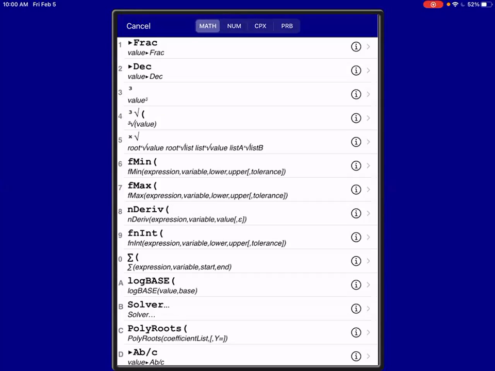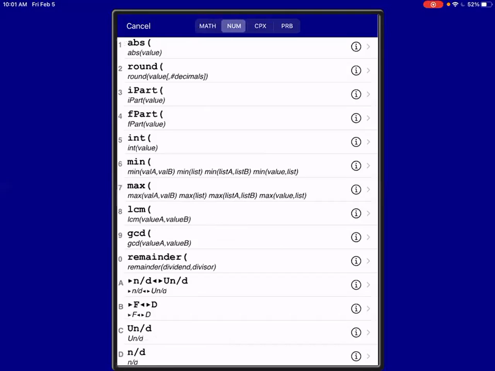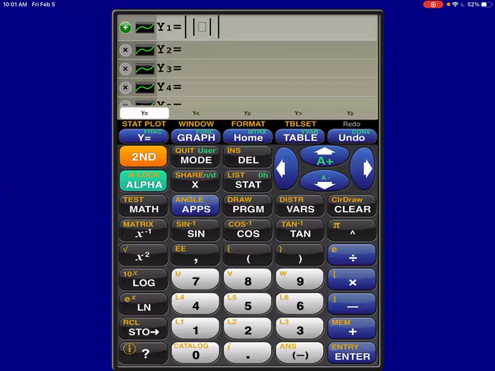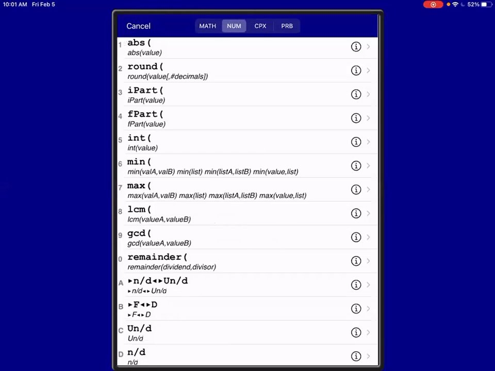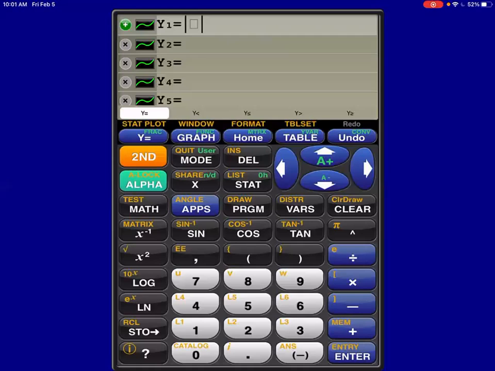It says cancel, and then math, and then it says NUM. And I'm touching that NUM button. And then I'm hitting number 1. It says ABS in white. So math, NUM, ABS.